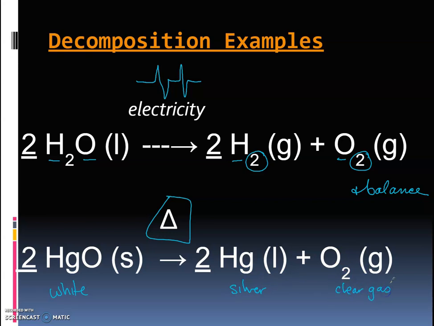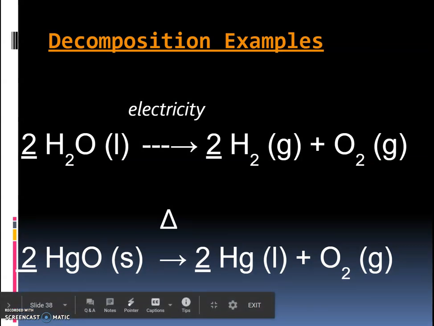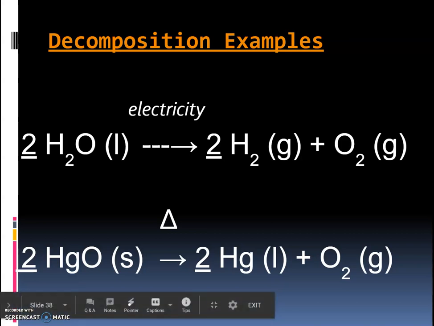I know it's hard to see a clear gas, but you can distinctly see some parts of it rising off of it, and it's a very cool demo. Something my teacher did for me when I was in school, but now we know it's not safe, so I can't do it for you. But very cool nonetheless. And notice O2 is diatomic, so it gets a 2, even though it doesn't have a 2 over there.